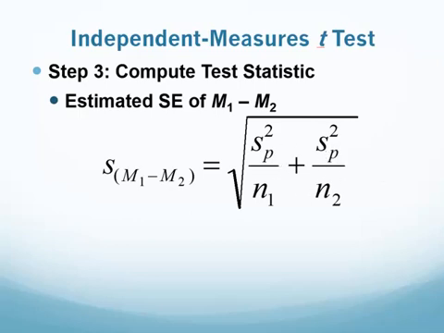Once you figure this out, this value is going to go in the denominator of our t-statistic, and the difference between our two sample means, mean 1 minus mean 2, is going to go in the numerator, and then we can compute the test statistic. So, it's not as bad as it looks.